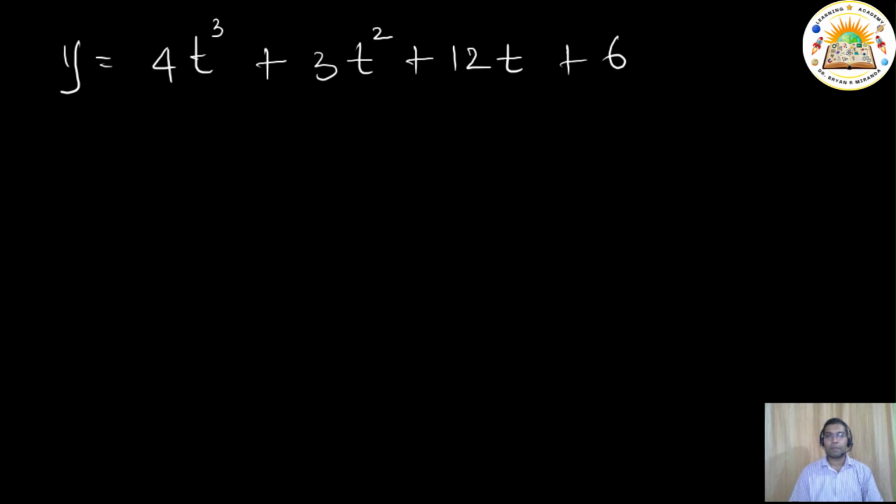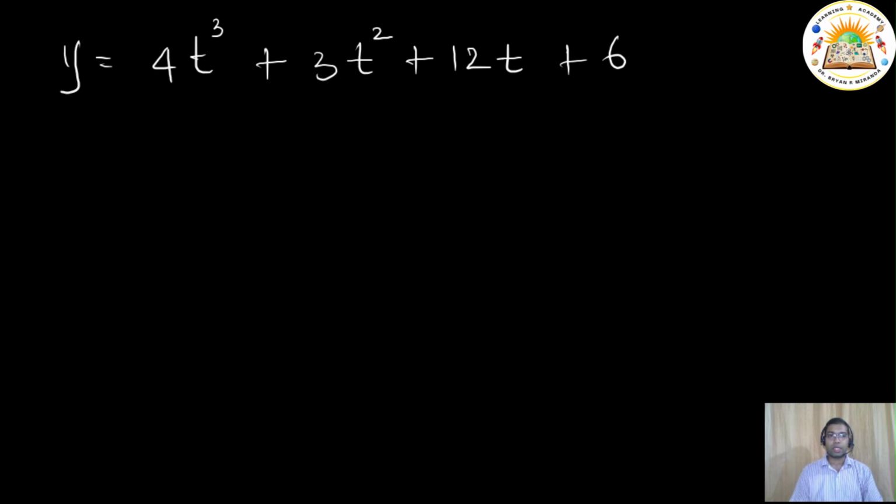Now I will call displacement y equal to, let's say, instead of x, I will take time. We'll take a cubic equation that makes it a little more interesting: y = 4t cube plus 3t square plus 12t plus 6. A couple of things that you have to understand.